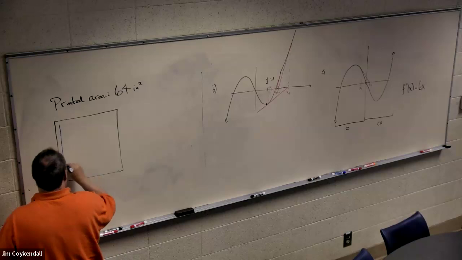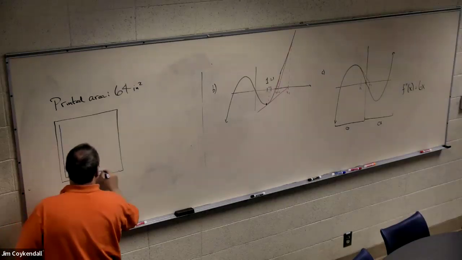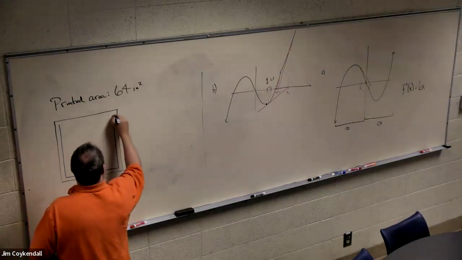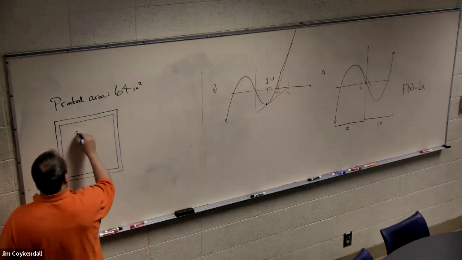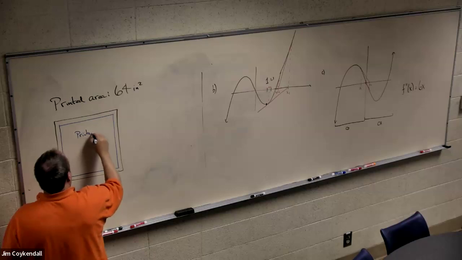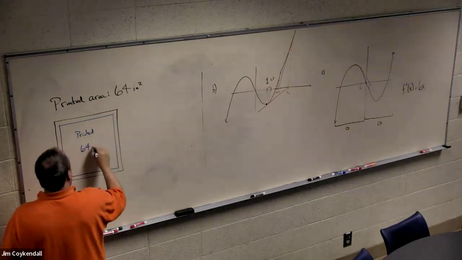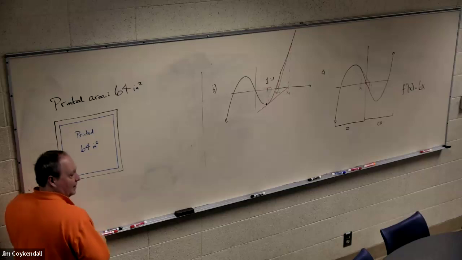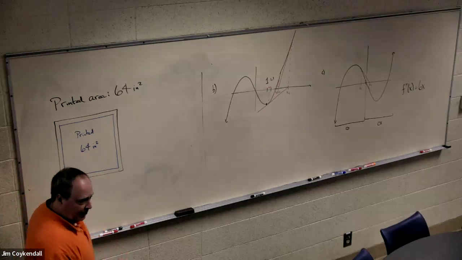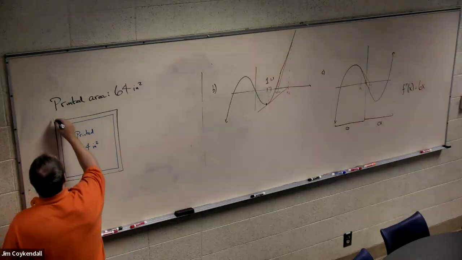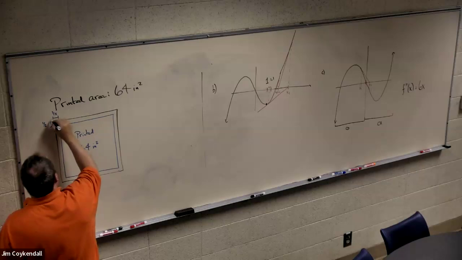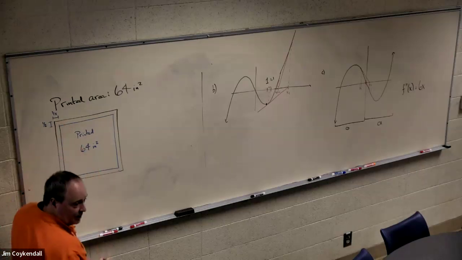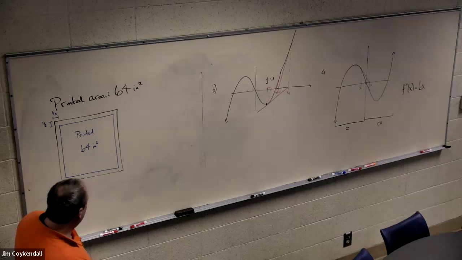So this is the printed material here. This should be 64 square inches. Now the margin is supposed to be a half inch, right? So this is 1/2, 1/2, all the way around.